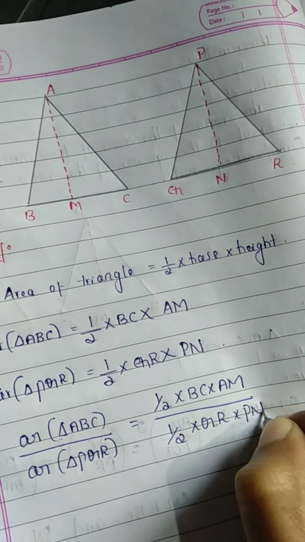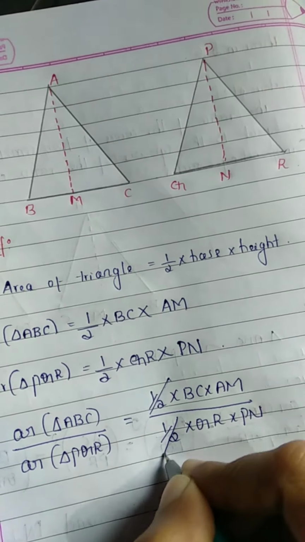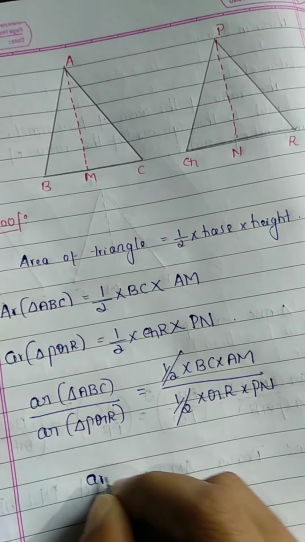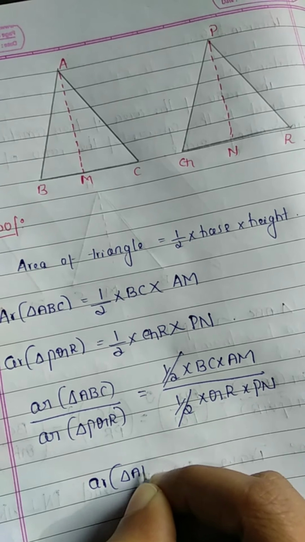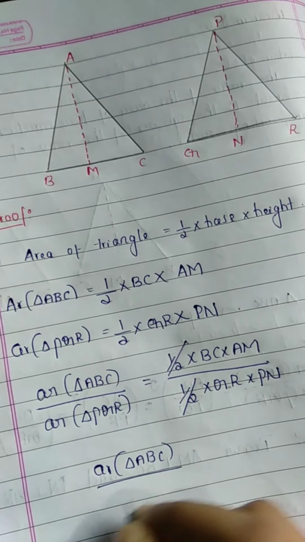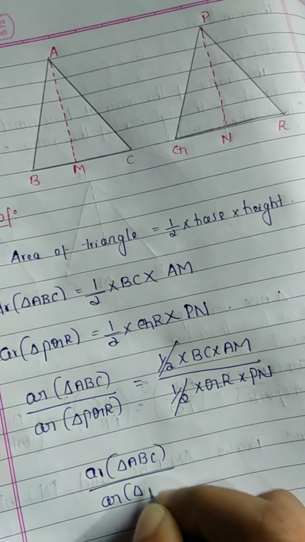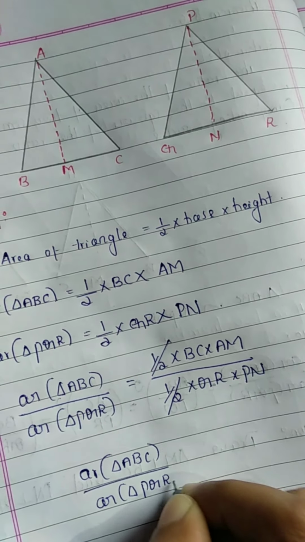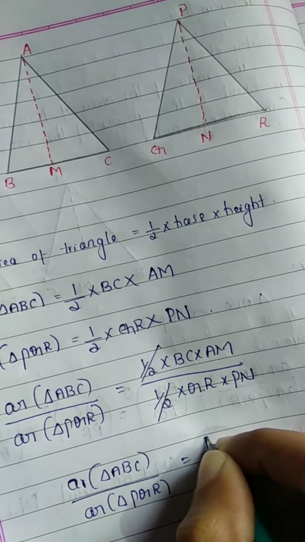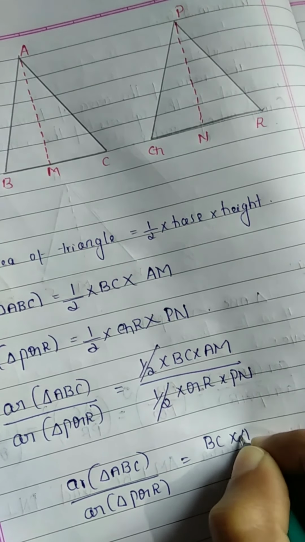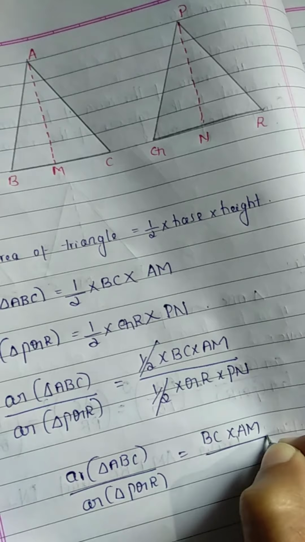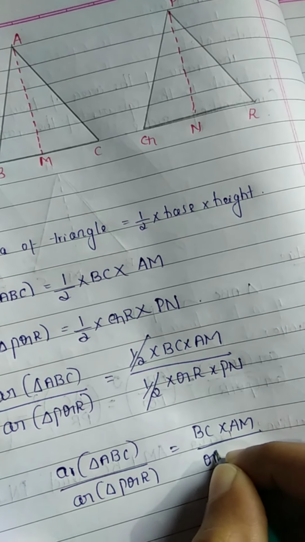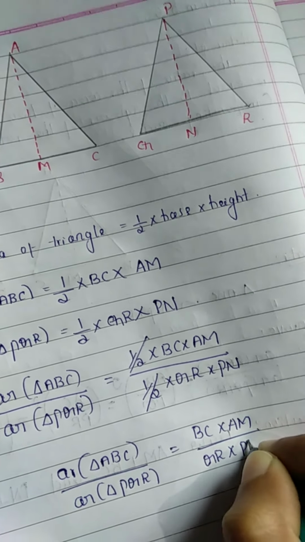So the half gets cancelled. We get area of triangle ABC by area of triangle PQR equal to BC into AM by QR into PN.